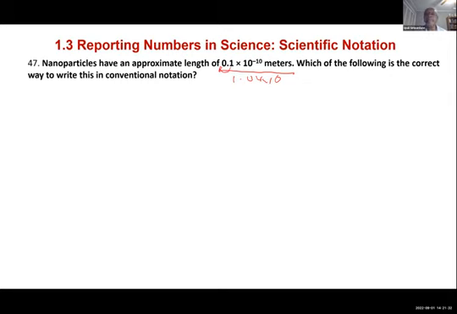That means 10 to the negative 1 place, into the negative 9. Therefore, when you move the decimal place, 1 times 10 to the negative 9.